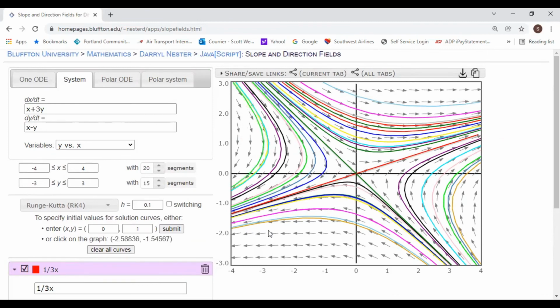And those are determined by the eigenvectors that correspond to the two eigenvalues. So that's how that goes. All right, so that's a comparison of how our hand-drawn examples meshed with or failed to mesh with what technology gave us.